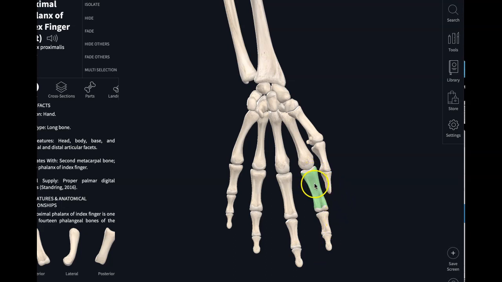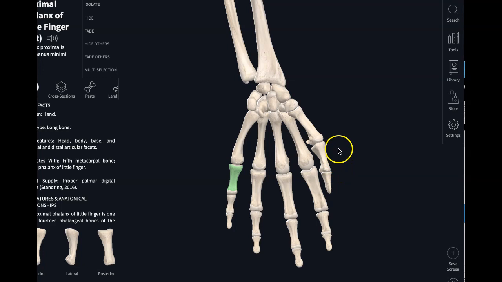So these are our digits. So same thing, everything on the thumb side is labeled number 1, number 2, number 3, number 4, number 5. This is proximal phalange number 1. Proximal phalange number 2. Proximal phalange 3. Proximal phalange 4. Proximal phalange 5.